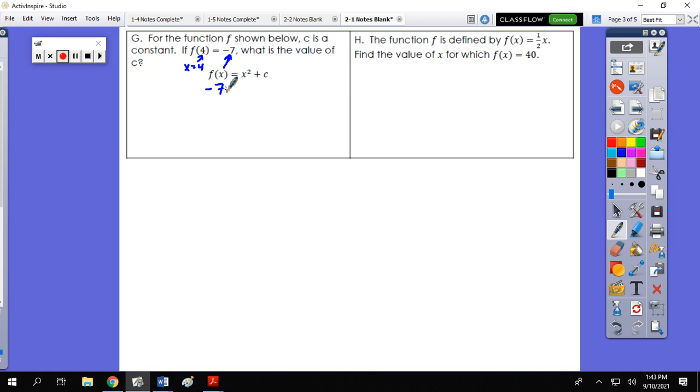Negative 7 equals 4 squared plus c. So then we'll solve that equation. Negative 7 equals 16 plus c. Then subtract 16 from each side. And we get that c is negative 23.